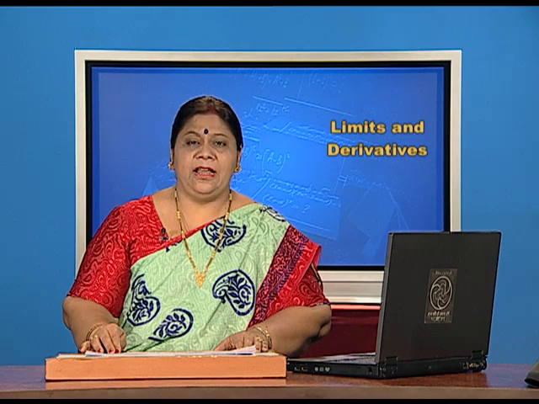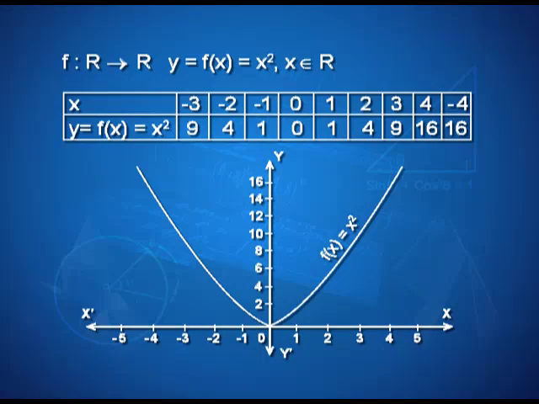Consider the function f of x is equal to x square. Look at the graph on your monitor. Y is equal to f of x is equal to x square, where x belongs to R. You will see for various values of x, f of x is equal to x square has different values.